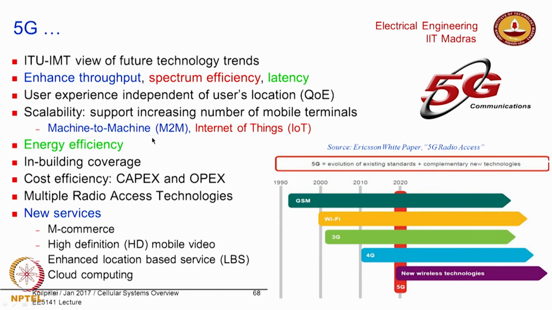Because we already talked about the number of applications that will require broadband. And a lot of these applications are machine to machine. So therefore, when we talk about connectivity of things, called Internet of Things, connectivity of devices, there's a lot more machines that need to be connected to each other, connected to humans. This is going to require additional types of communications, and all of this has to be done with energy efficiency. Remember, green communications.